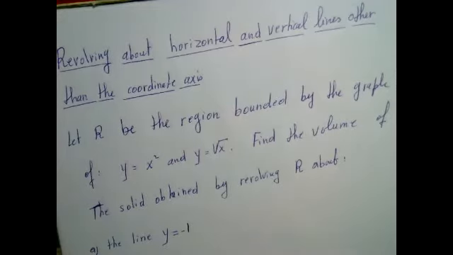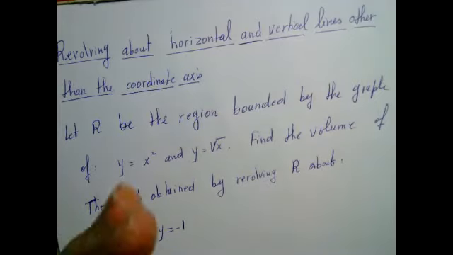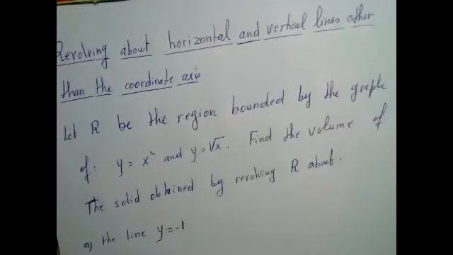Every time so far we've been rotating about the x and y axes. Now we're going to rotate about other axes, but not slanted ones, because that's kind of hard. So we will restrict to horizontal and vertical lines, not necessarily the coordinate axes.